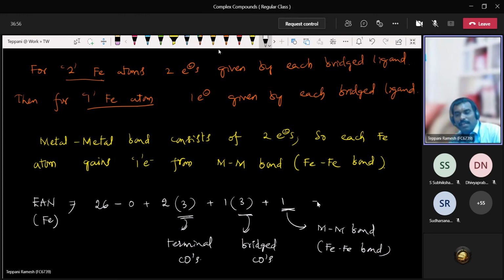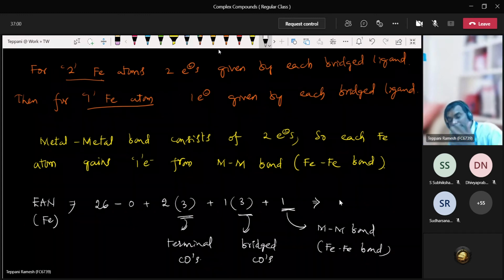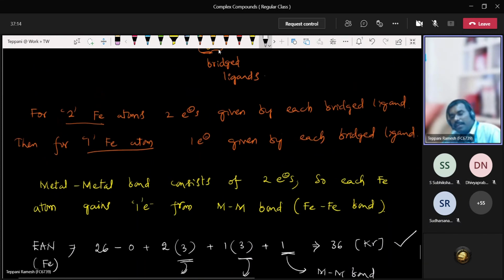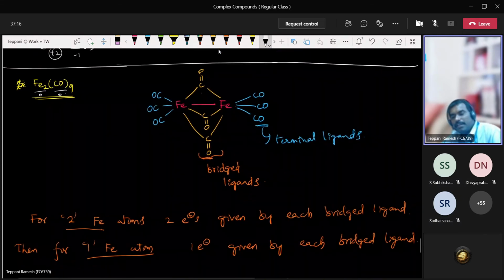The total is 36. 36 means Krypton, that is stable, and it followed the EAN rule.